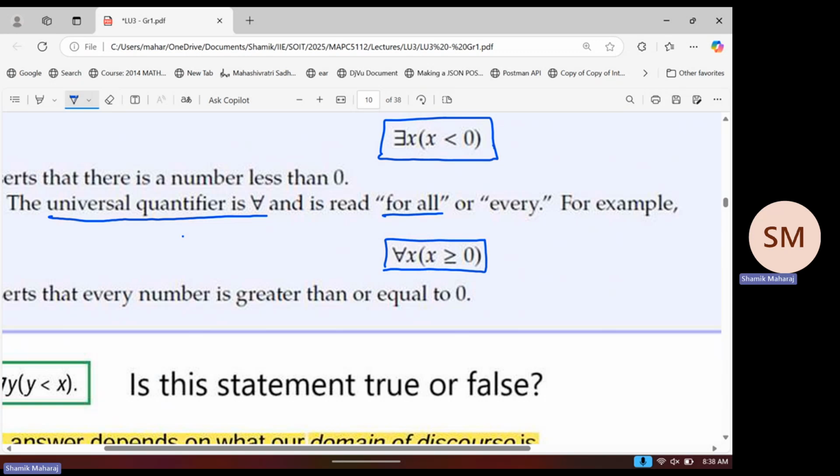Alternatively, we could just say for every x, x is greater than or equal to 0.